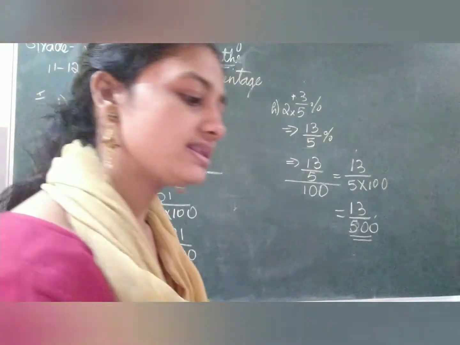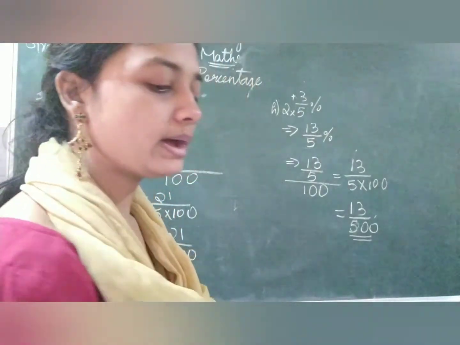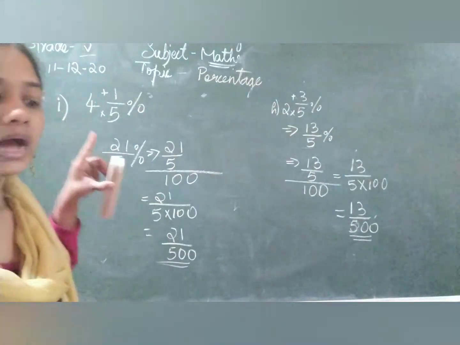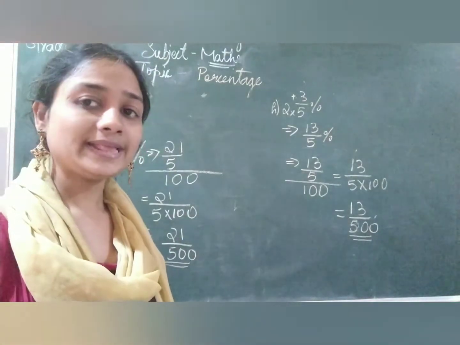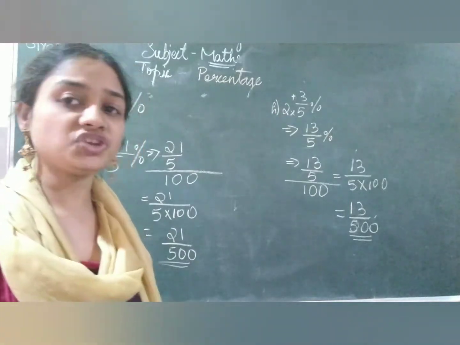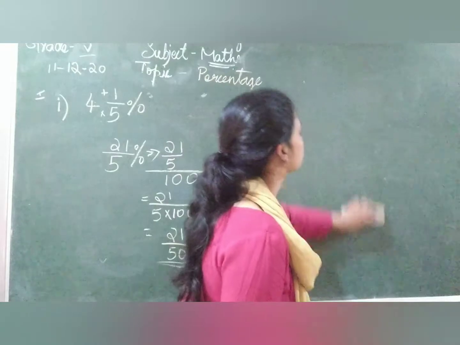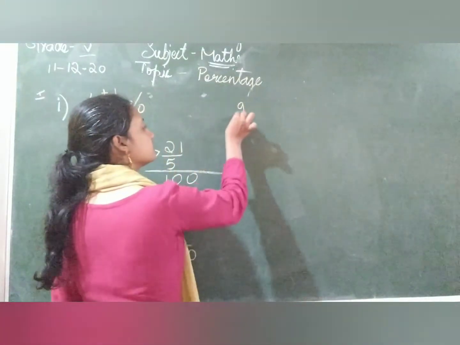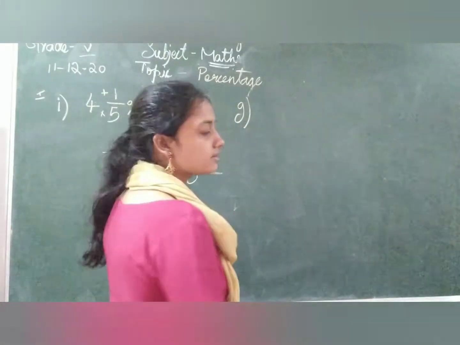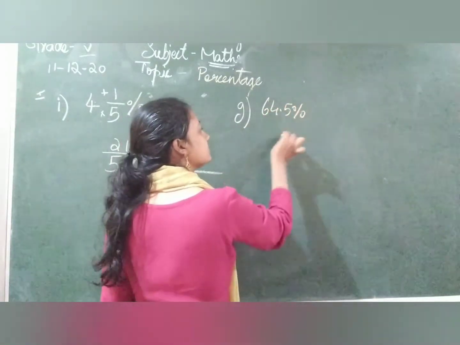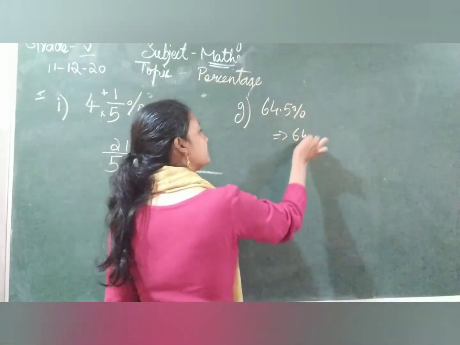Okay, one more sum which is a little difficult for you. I'll try it out. I want you to try one sum of this type. I will show you one decimal type of sum. So I have to divide it by 100.